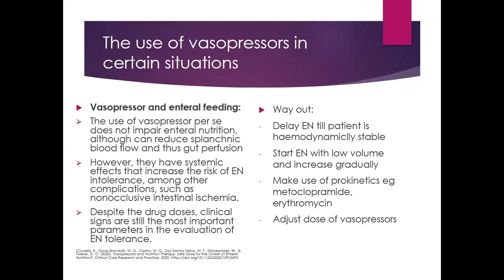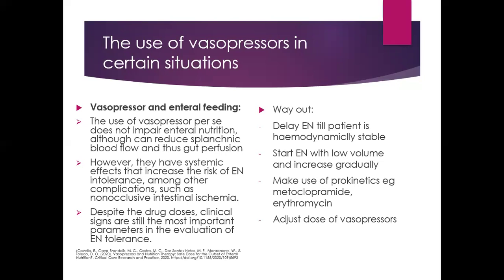Most of the times, the way out, some clinicians delay enteral nutrition till the patient is hemodynamically stable, which makes sense. You can give your patients TPN, total parenteral nutrition, while your patient is on high doses of vasopressor, especially noradrenaline, and some, like we say, if the gut is working, use it.